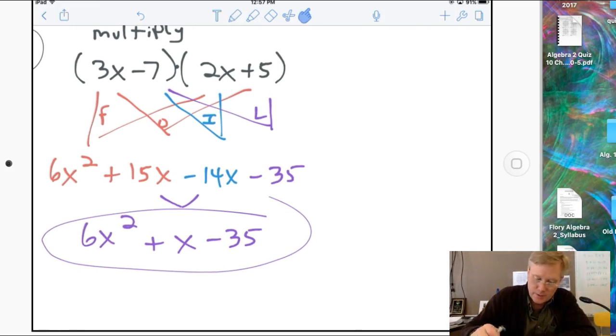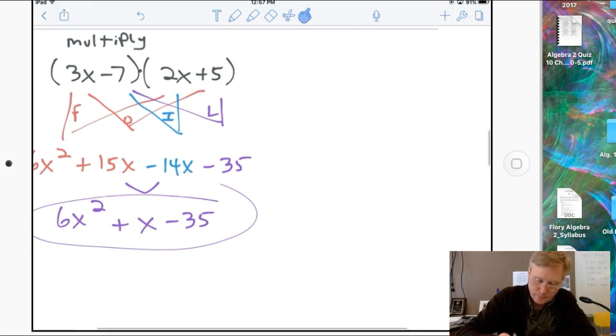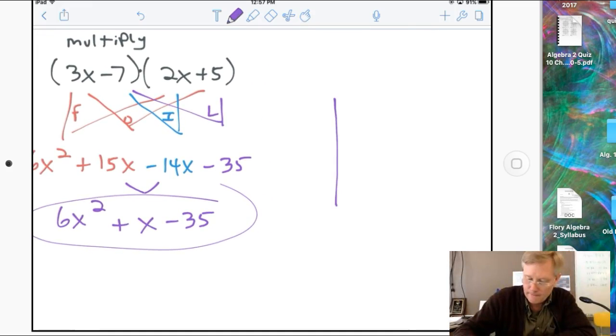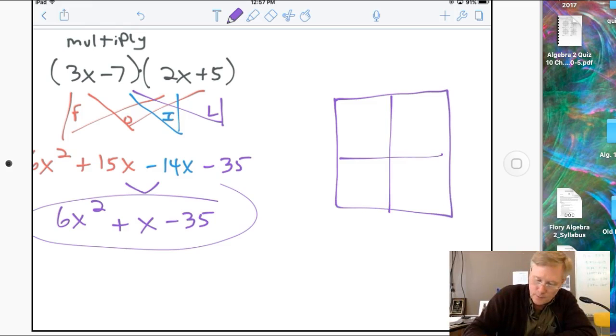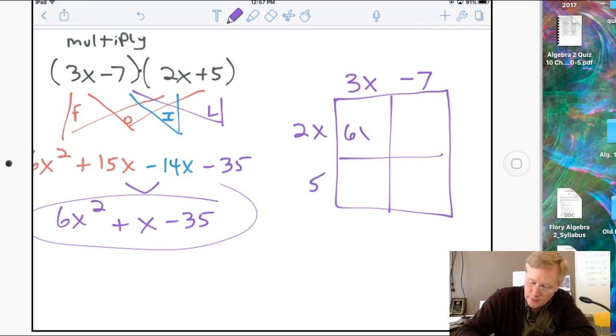Or you could have done it with the box technique. 3x minus 7 and 2x plus 5. Multiply, you get 6x squared there. 5 times 3 is 15x.